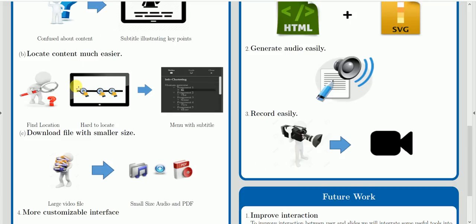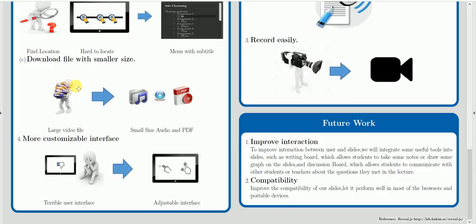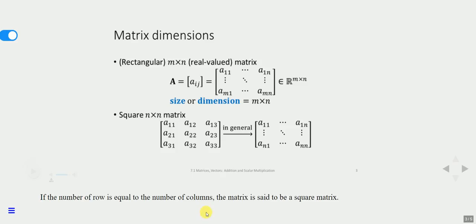Okay, then when we are using video lecture, sometimes maybe we need to download the whole video, which is really large, for offline review. But in HTML slides, we have a single audio for each slide, and you can just click here to download it.